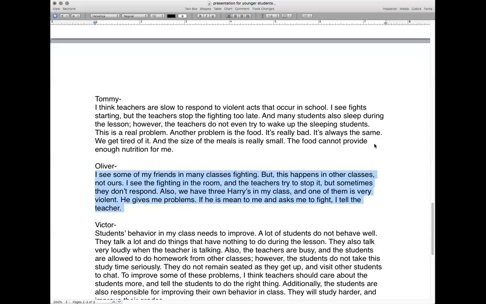Also, we have 3 Harrys in my class, and one of them is very violent. He gives me problems. If he is mean to me and asks me to fight, I'll tell the teacher. Nice work, Oliver. I like the way you read it. It just sounds really natural.